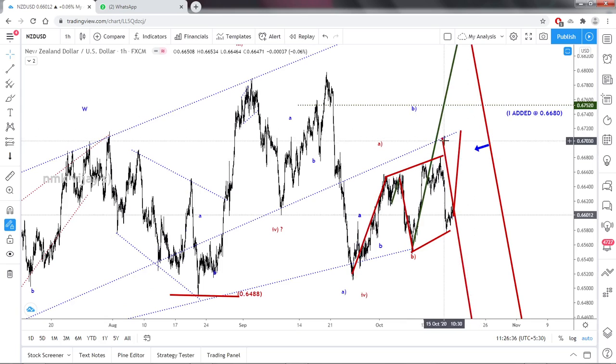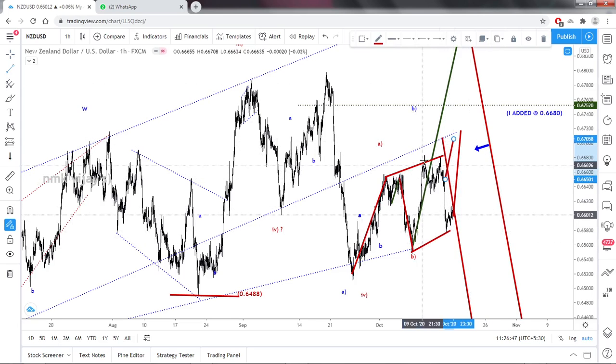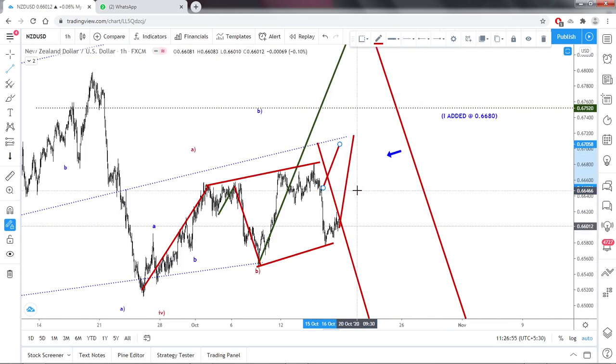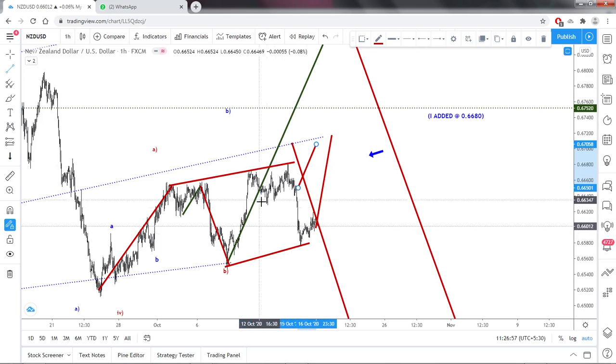I expected here itself, if it is 1, 2, 3 and 4 is an irregular flat, to complete the structure for the 5 waves, but it didn't do that, and it immediately fell down. So once it was coming down, at that time itself I had a doubt, because here it is incomplete for the 5th wave.